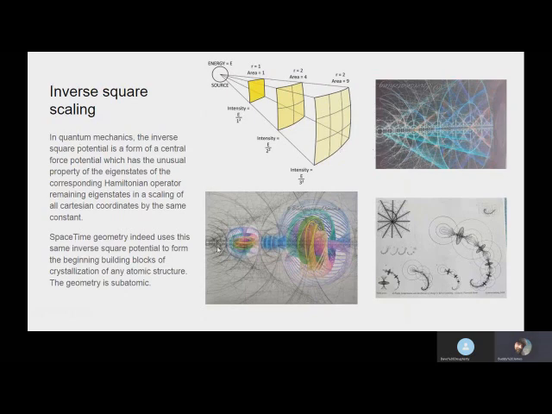So the reality is scaling using this inverse square potential, and there's these Hopf vibrations and spinors that come off naturally of this vortexture.